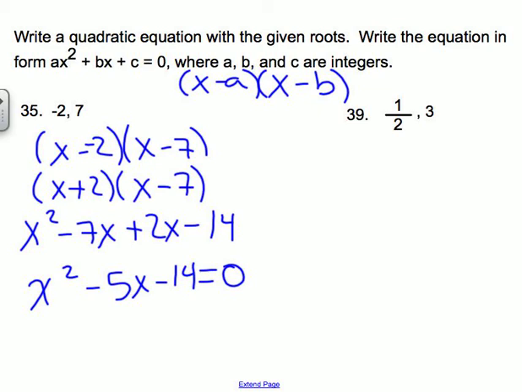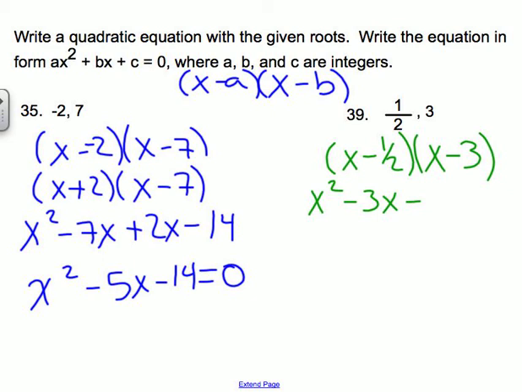Problem 39 is very similar in that we're given two roots, but one of them is a fraction, so we're going to have to work at eliminating the fraction when we're done. Still follow the same rule of x minus a, so I'm going to take x minus 1/2 and x minus 3. Go ahead and FOIL. First terms are an x squared, outside terms are a negative 3x, inside terms are a negative 1/2 x, and last terms become a positive 3/2.